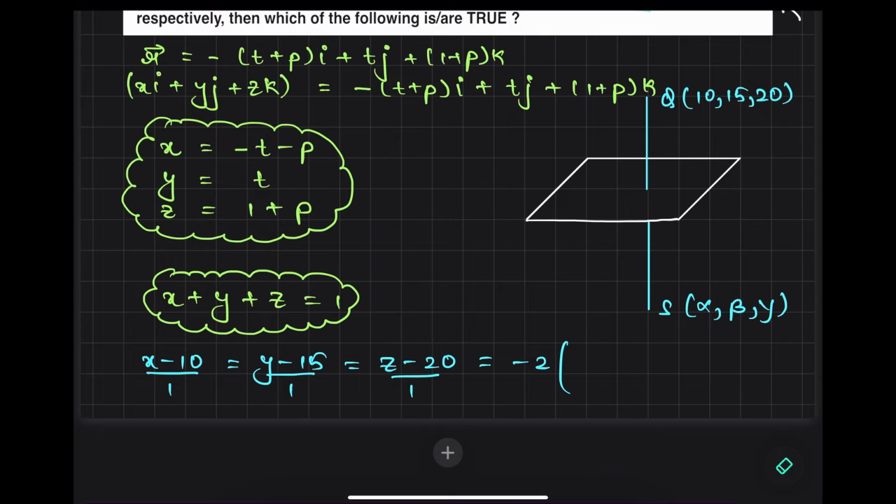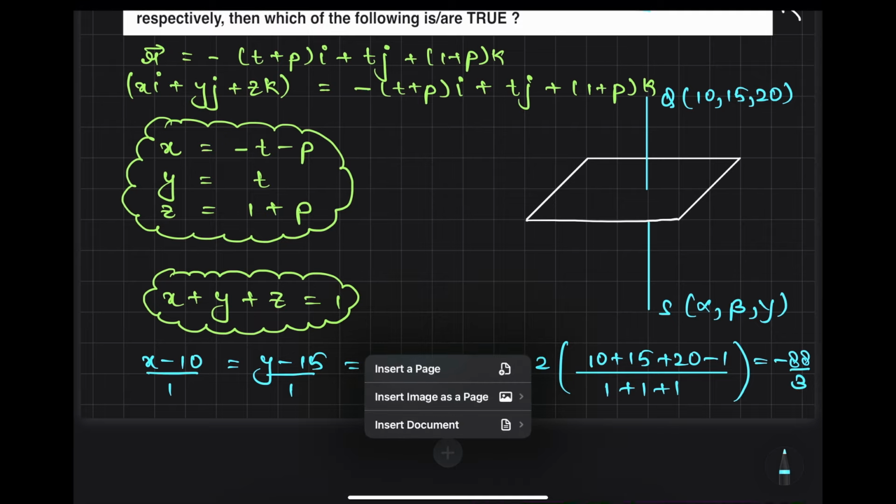Point satisfaction 10, 15, 20, minus 1, and then root under a square plus b square plus c square. So 1, 1, and 1. Okay. So 20, 30, 40, 45, 44. So it is minus of 88 by 3.